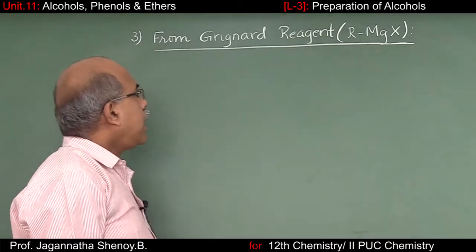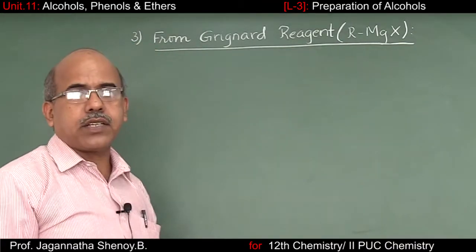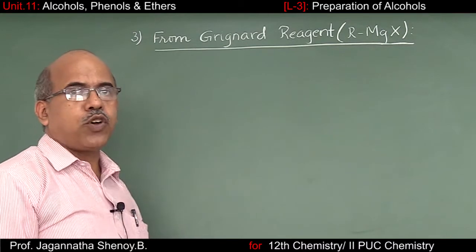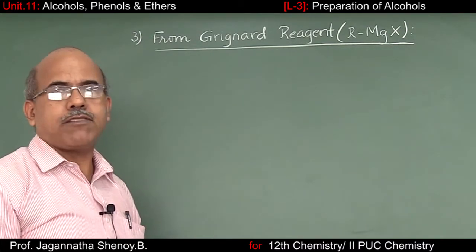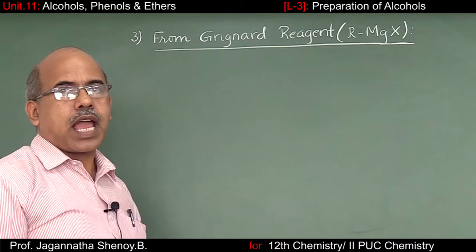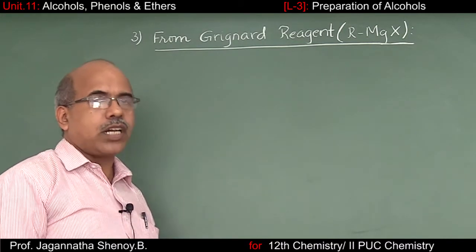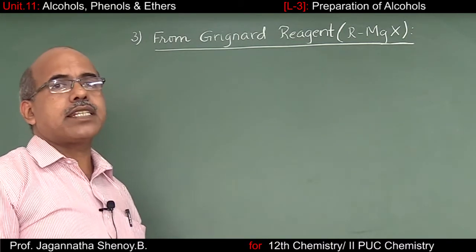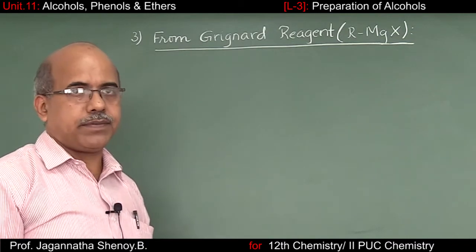Here I'll use Grignard reagent with carbonyl compounds to obtain different classes of alcohols. I'll first start from the general reaction, then we can consider specific example.